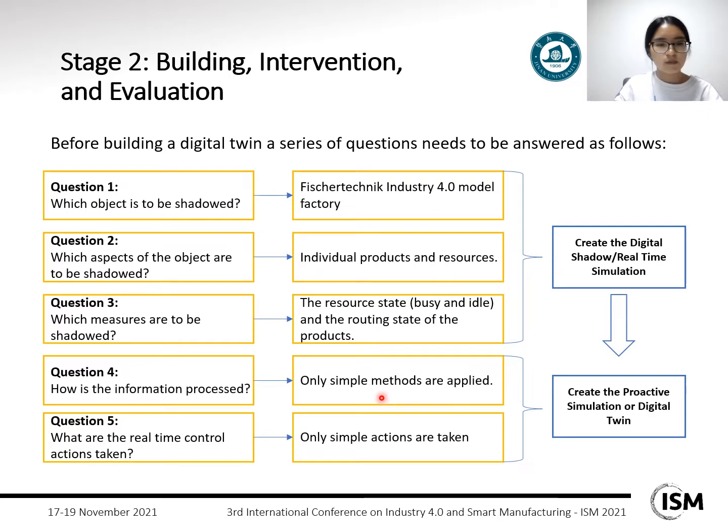As we mainly focus on building the architecture of digital twins, only simple methods are applied and simple actions are taken. The first 3 questions determine whether we can create the digital shadow or real-time simulation, and the last 2 questions determine whether we can create the proactive simulation or digital twin.